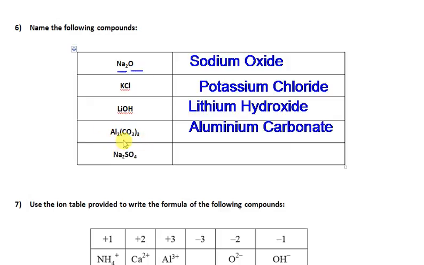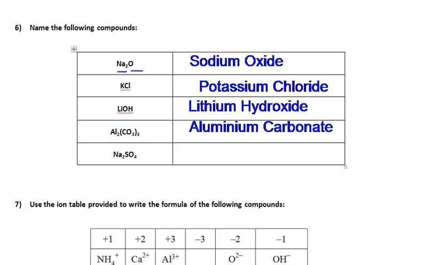If you've got a metal, aluminium, a non-metal, in this case carbon, and oxygen joining in as well, then the ending is ate instead of ide. So if it was just aluminium and carbon, it would technically be aluminium carbide. But because it's got the oxygen in there as well, it becomes carbonate.